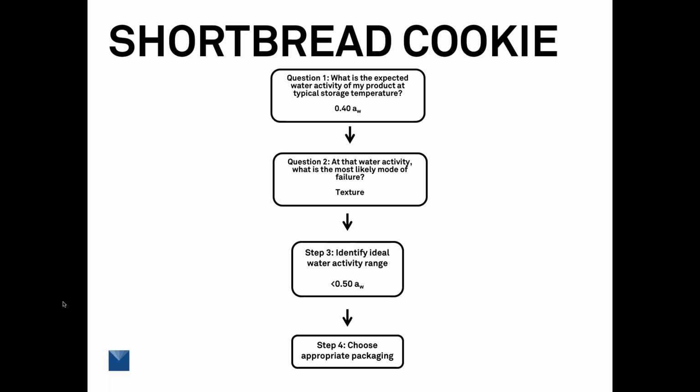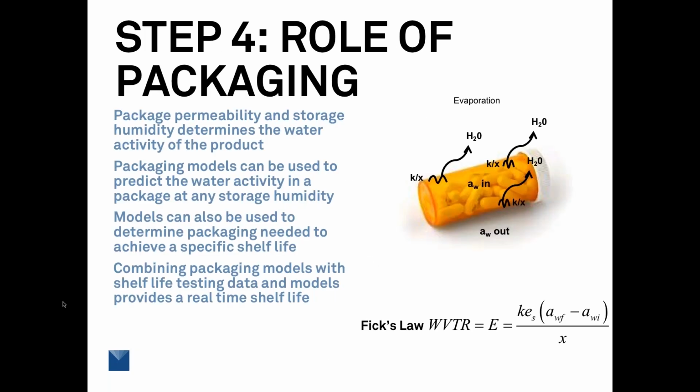So with that in mind, we next need to identify and choose some appropriate packaging in order to keep our product below that critical value. The first step is to look at the role of packaging and use the information about the package as part of our process to do some predictions about shelf life.